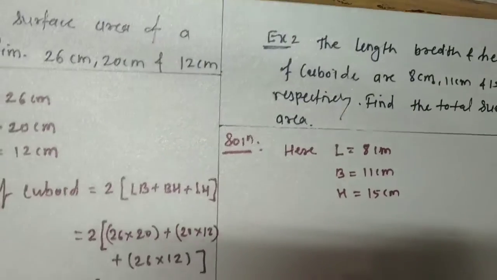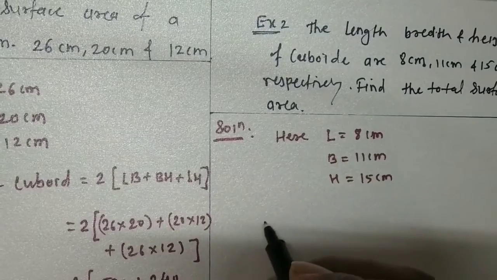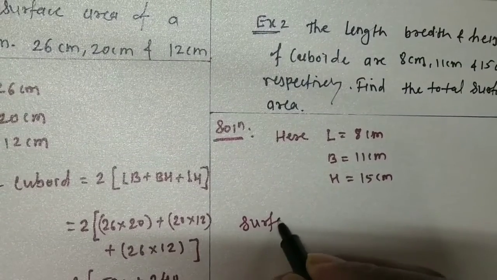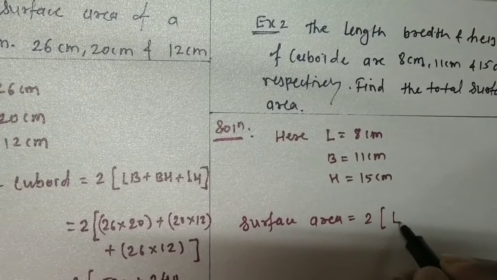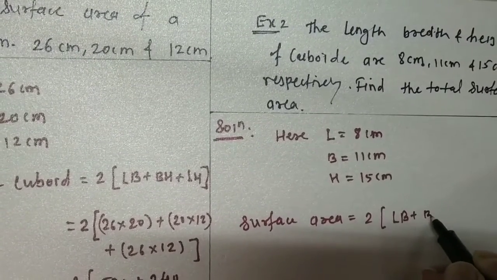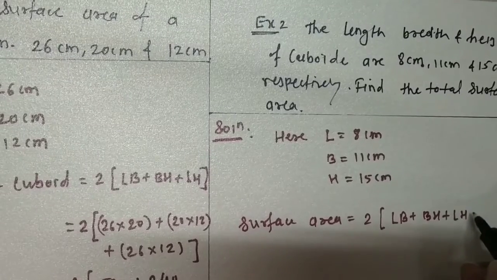Now, what is the surface area? Surface area is equal to 2 into (LB plus BH plus LH).